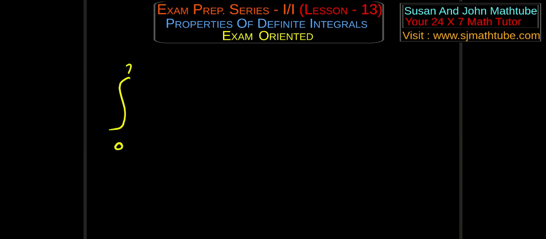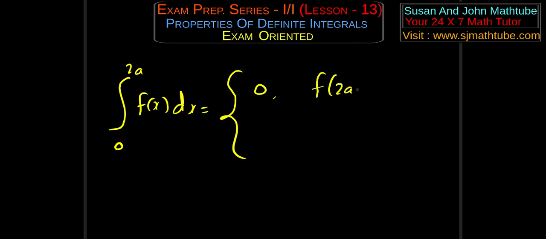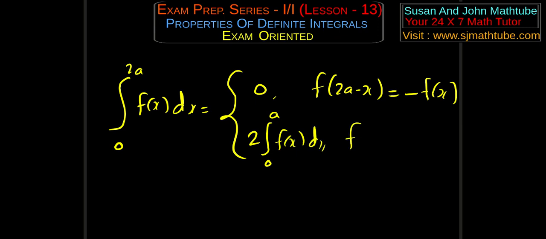You can note this. Integral 0 to 2a f of x dx will be equal to 0 if f of 2a minus x is equal to minus f of x, and 2 times integral 0 to a f of x dx if f of upper limit minus x, that is 2a minus x, is equal to f of x.